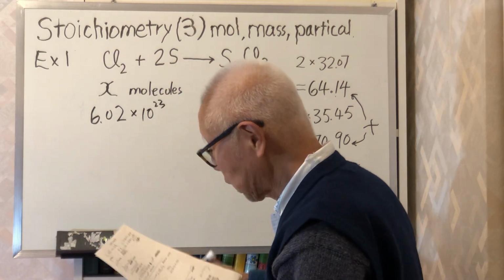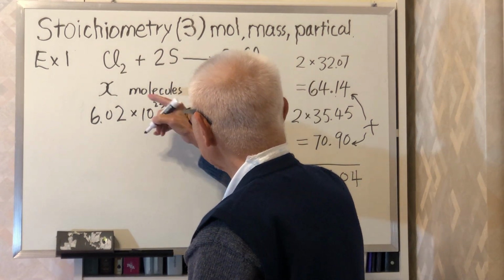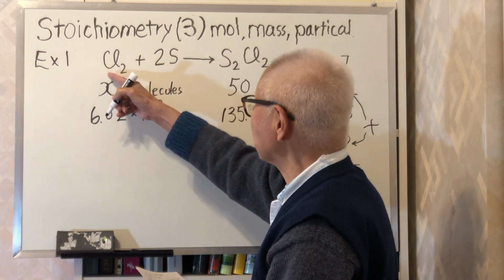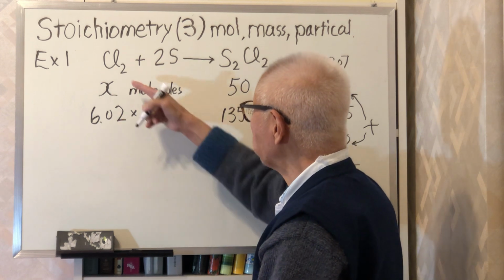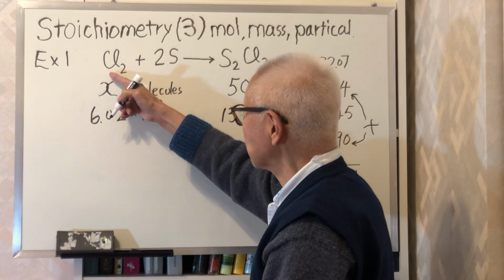This number means 1 mole of chlorine consists of this many molecules of chlorine.